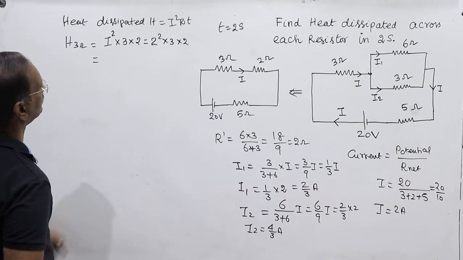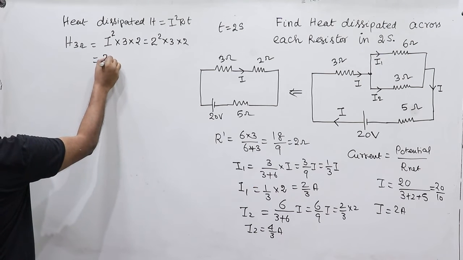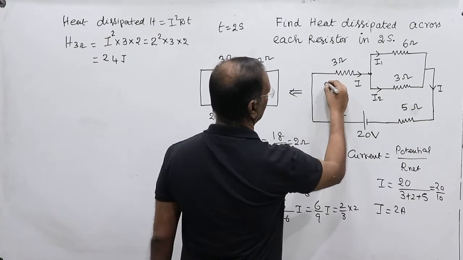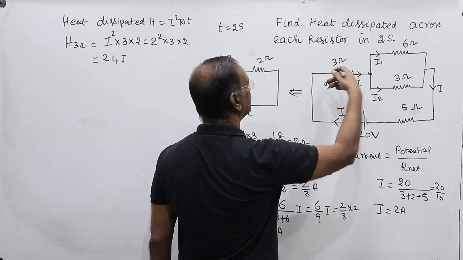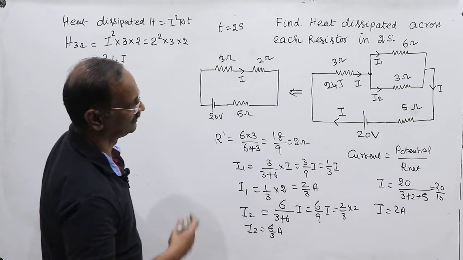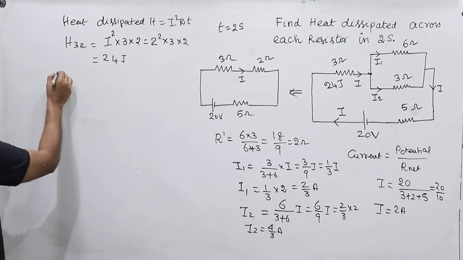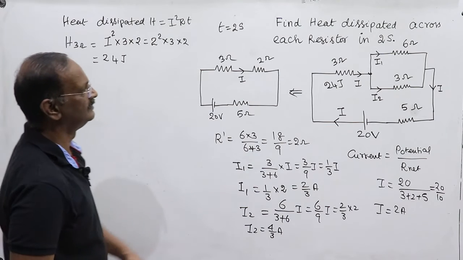That is equal to 4 into 2, 8, into 3, 24 joules. It means here 24 joule of heat is dissipated. It gets heated and it is evolved, that is dissipated in the form of heat energy. And heat dissipated in 6 ohm, this is 6 ohm.